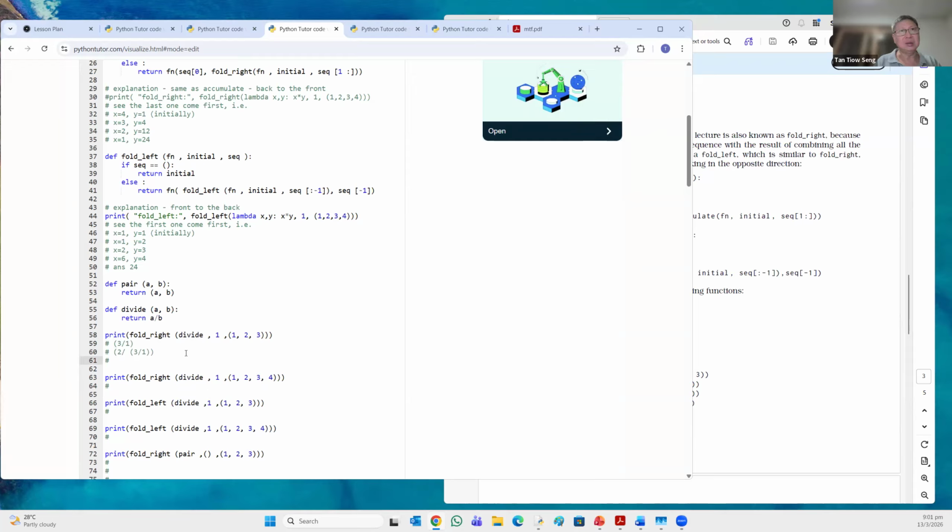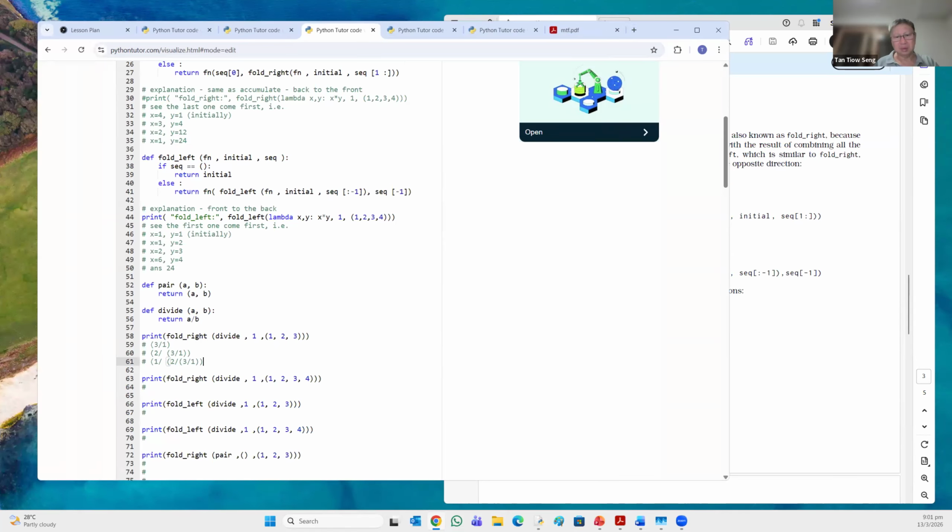So this is a 1, divided by whatever is the previous one, which is 3, which is 1. Okay, so this is the answer. Let me call.